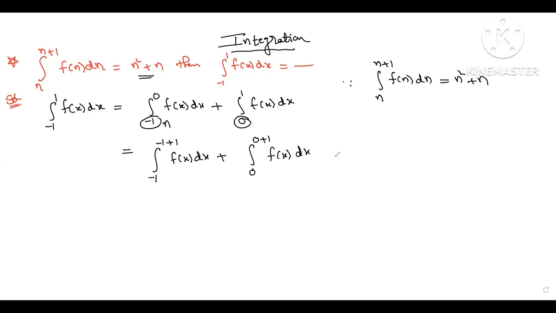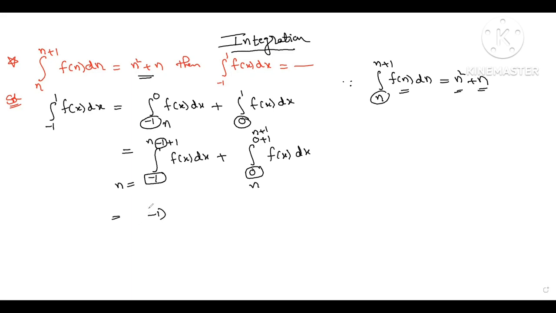So according to the condition, in the first integral, what is the value of n? Minus 1. This is n plus 1. Here in the second, what is the value of n? 0. Here the upper limit is n plus 1. So what is the given condition? Integral n to n plus 1 f of n dn is n square plus n. In this condition, in place of n, first we should write minus 1.